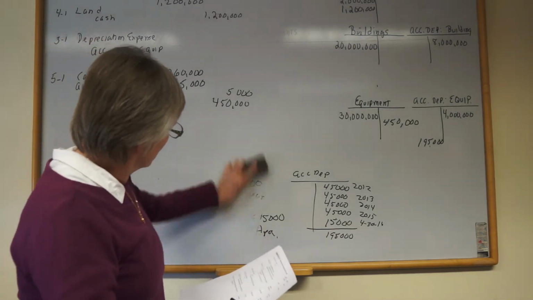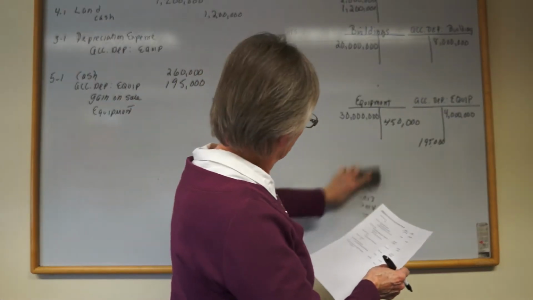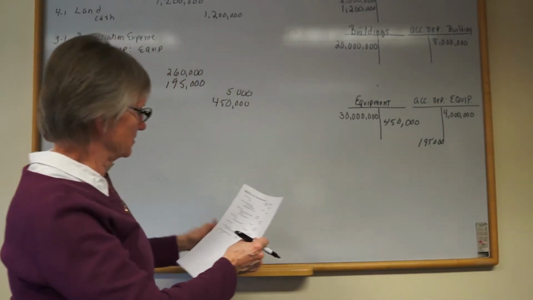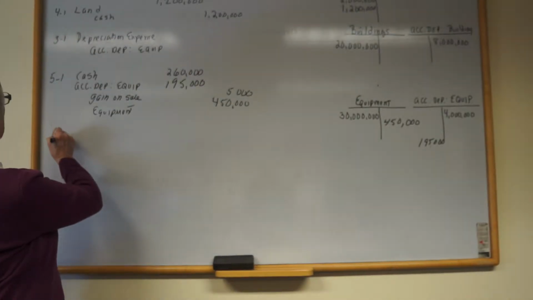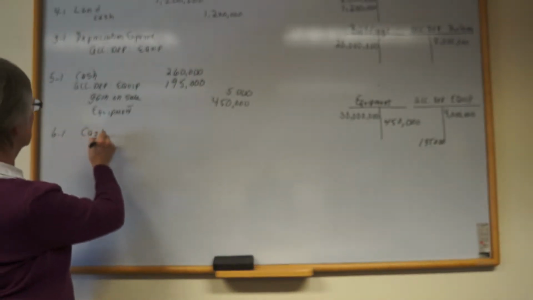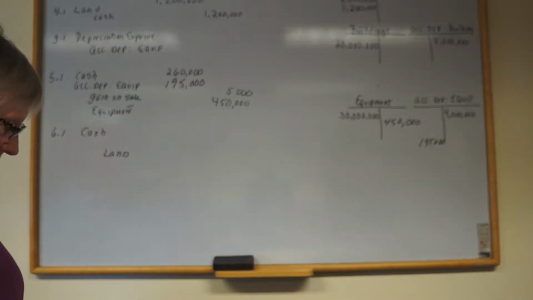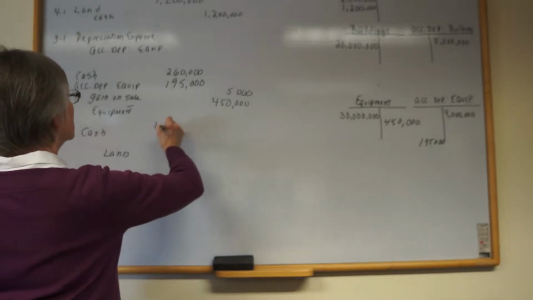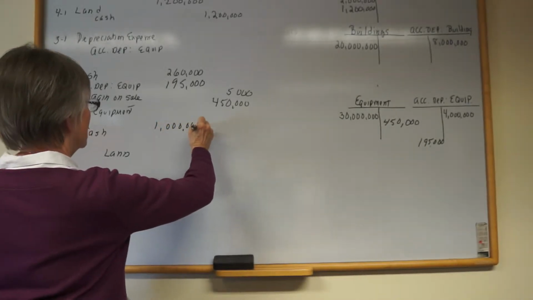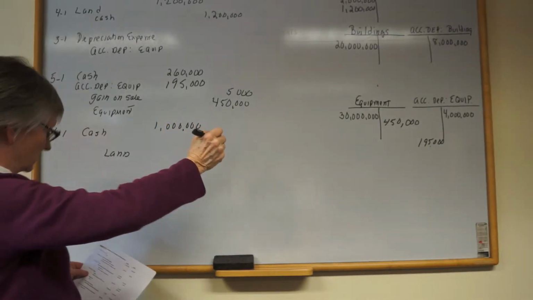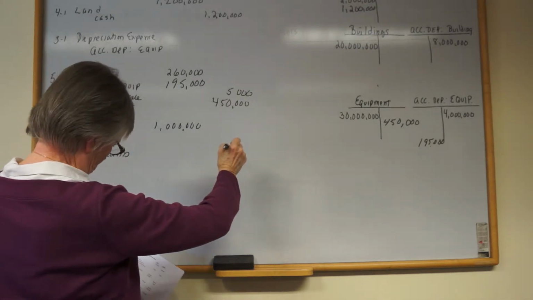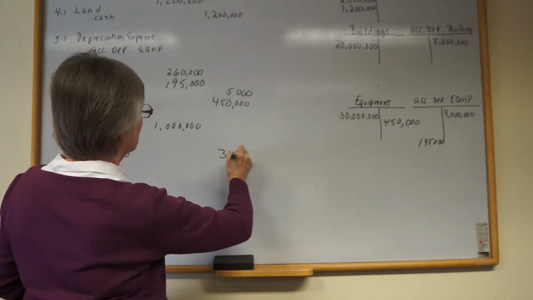Okay, so moving right along, the next thing we do is sell some land on 6.1. We know we're going to get some cash. We know we've sold some land. We know there's no accumulated depreciation involved here. So we got $1 million in cash. The original cost of the land, they say, was $340,000.